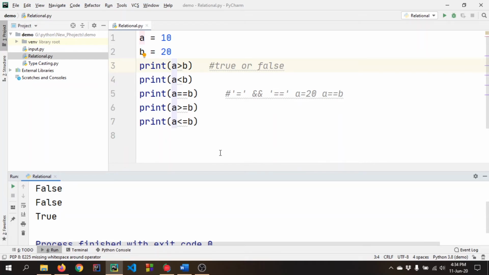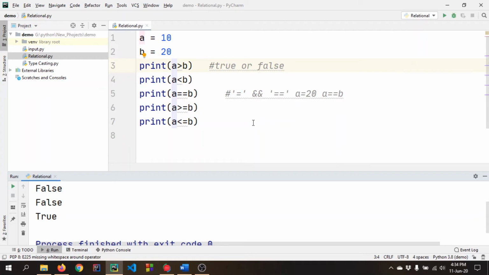So these are the comparison operators or relational operators which give a Boolean answer about the relation of two values. Are they similar or not? Are they big or not? Are they small or not?